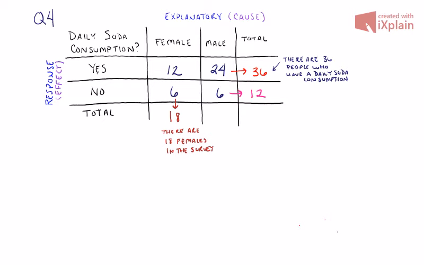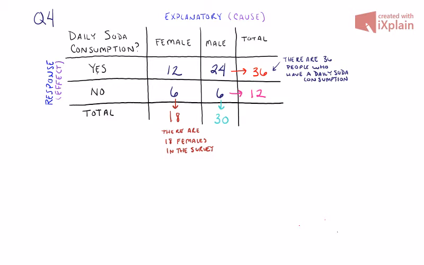Note that the 18 contains the 12 women who do have a daily soda consumption and the 6 women who do not. Right now we're just totaling out how many of the people that I talked to are female. And then lastly, if we come through here, we're going to get a grand total of 30 males.